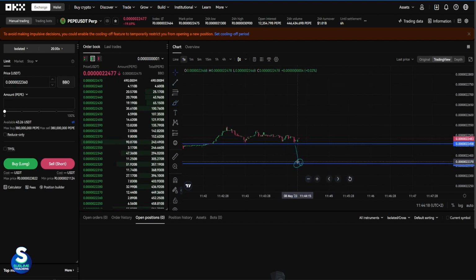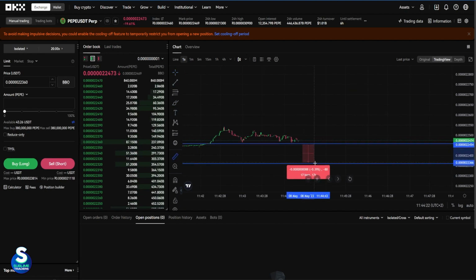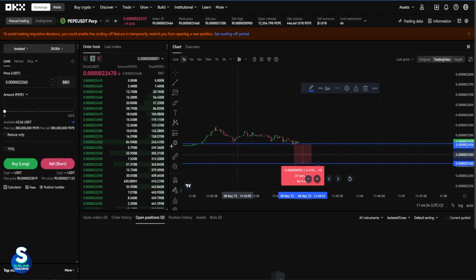So in this case, it would mean a difference of 0.40% times 10, that would mean 4%, and with 20x, because we are using leverage, it would mean 8%.